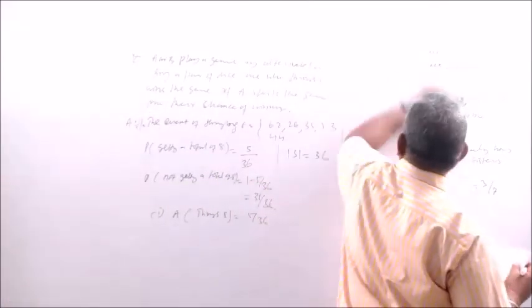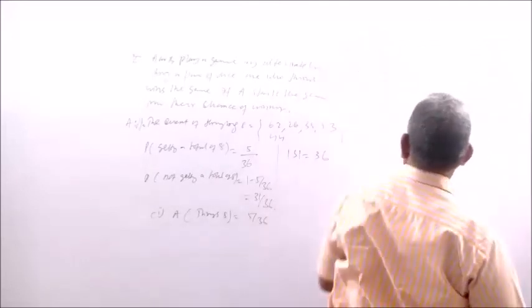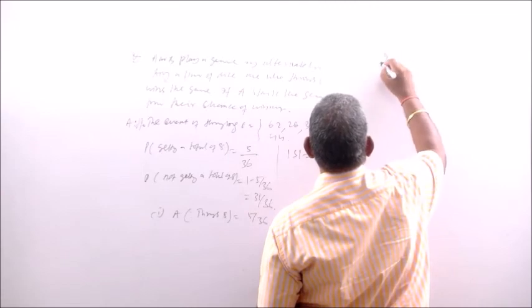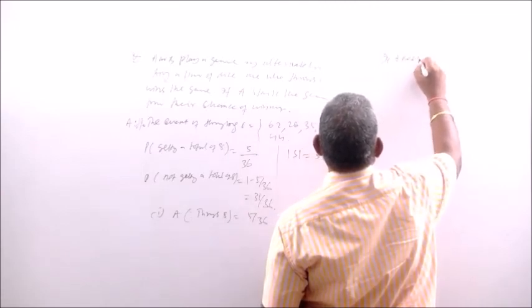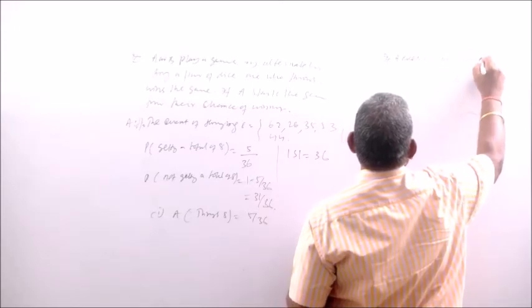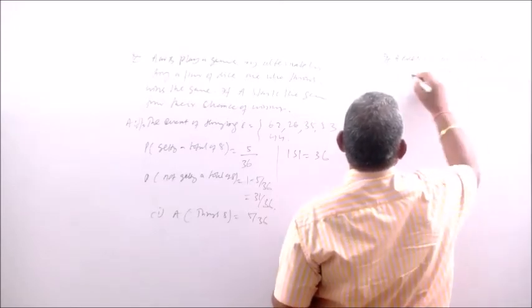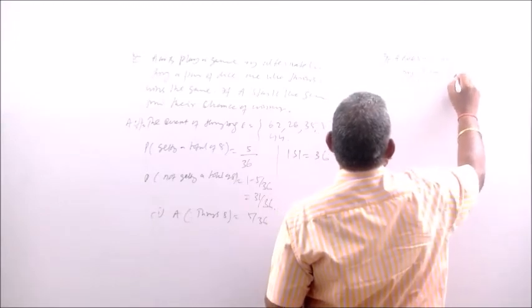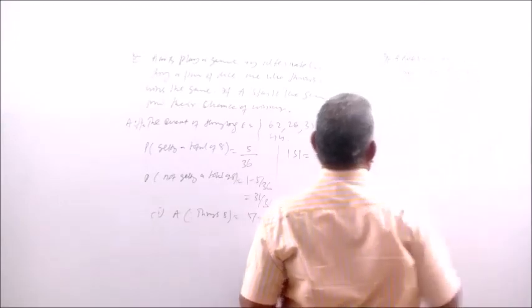Second, if A does not throw 8, B does not throw 8, and A throws 8. All are independent cases.